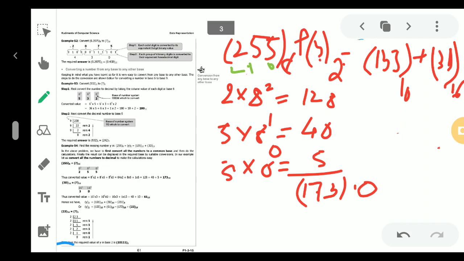Now we are converting base 16. 135 is in base 10, so we have no problem. But this 3D is in base 16, so again we have to convert base 16 to base 10.